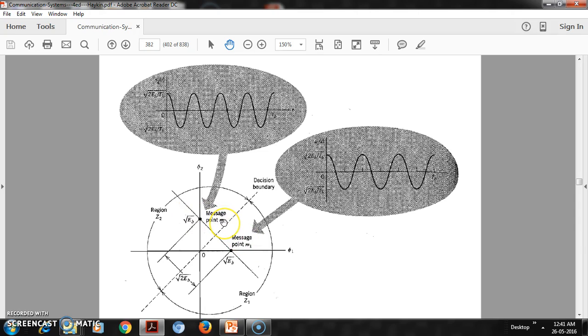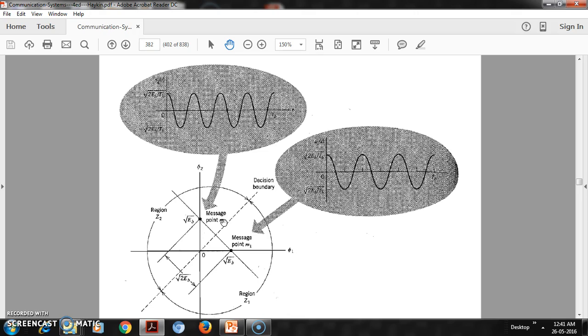The reason behind this is that we assume symbol 0 and symbol 1 are equally probable of being transmitted. So the probability of transmitting a 0 or 1 is the same. So obviously the decision boundary should divide the constellation into two equal halves.